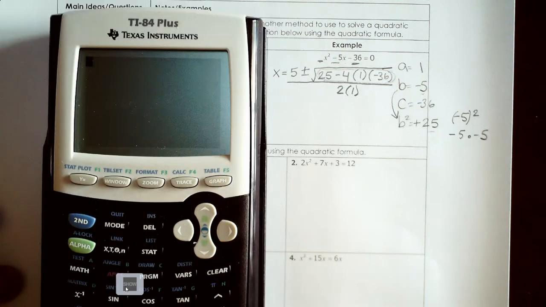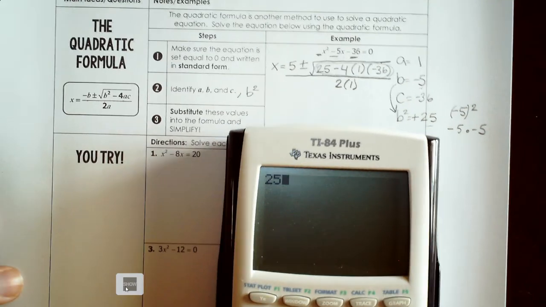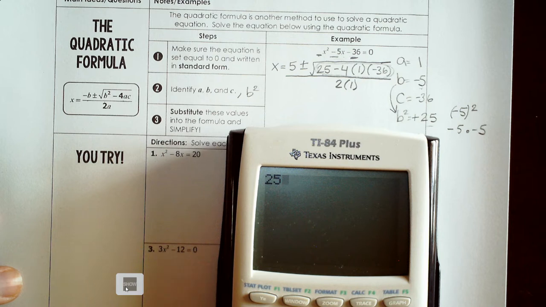So we have 25. Minus, make sure you do minus, not negative. 4 times 1 times -36. All right, we get 169.